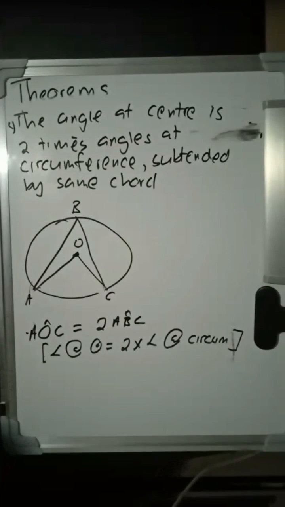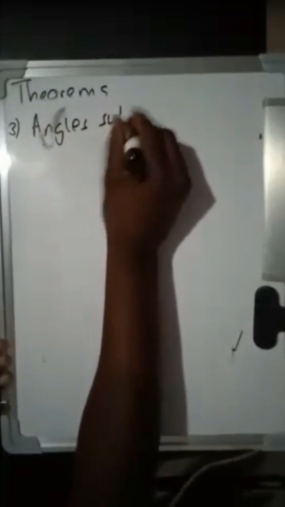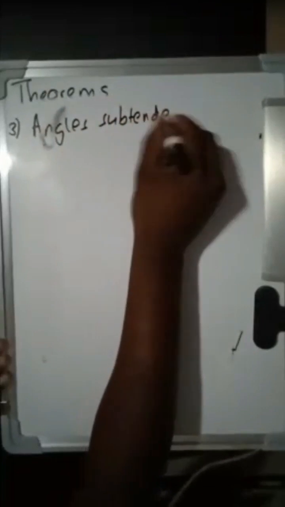The one that comes after this, number 3, we talk about angles subtended by the diameter.